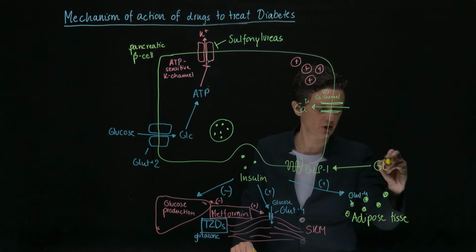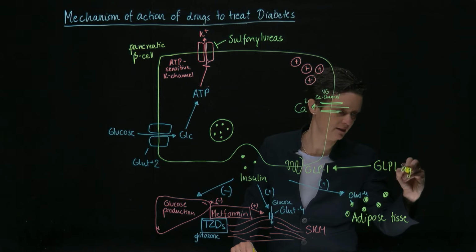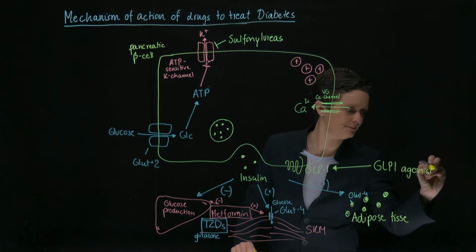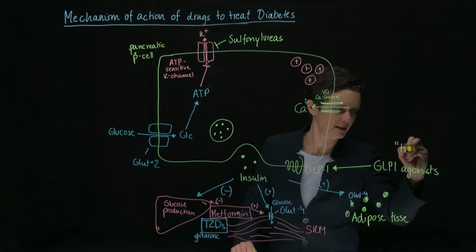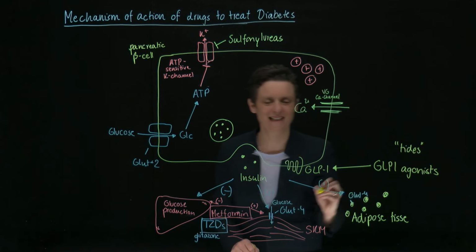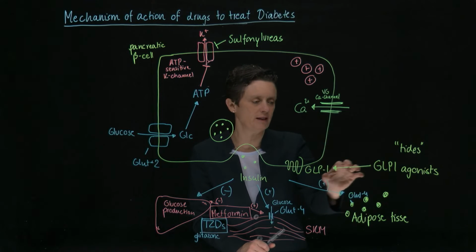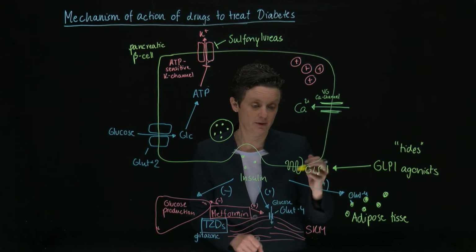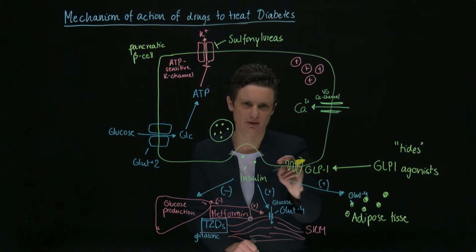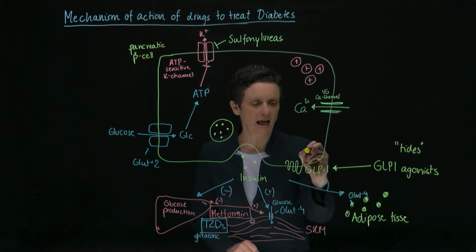So these are our GLP-1 agonists, the tides, things like semaglutide, exenatide. And what they do is they act at the GLP-1 receptor, a G protein coupled receptor, as you can see here with my wiggle, and it's actually Gs coupled.